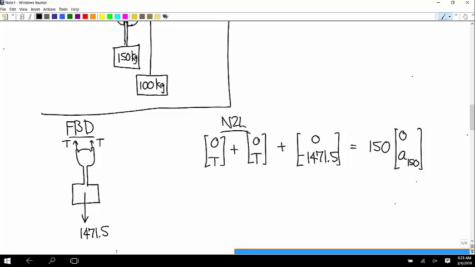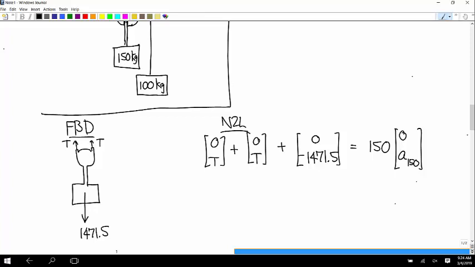If you just had this cable going over one pulley and attached to the floor, then the tension in the cable would be the weight of the thing that it's holding up, so it would be 1471. Now, because we have these two cable forces, this would be half of 1471 if it was static. It's not going to be that here because of the acceleration.